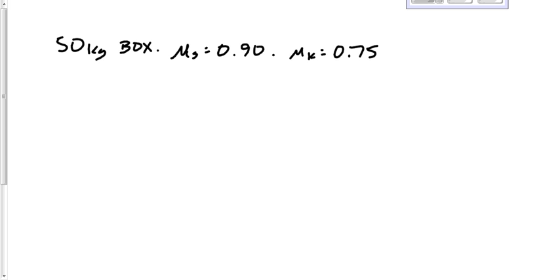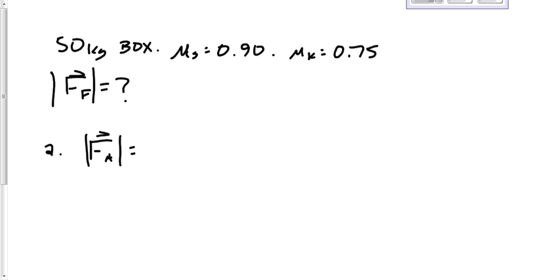We want to find the force of friction in each of these cases. A, when the applied force, that's the force that I'm pushing with, is 200 newtons. What about when my applied force is 400 newtons?